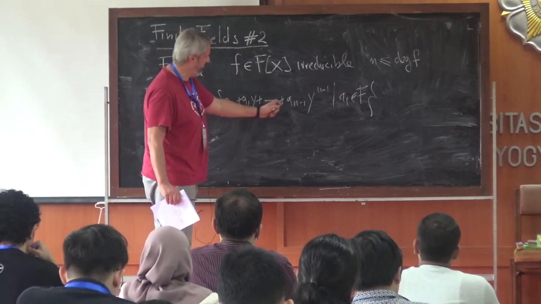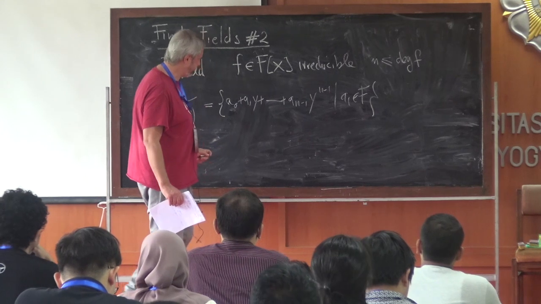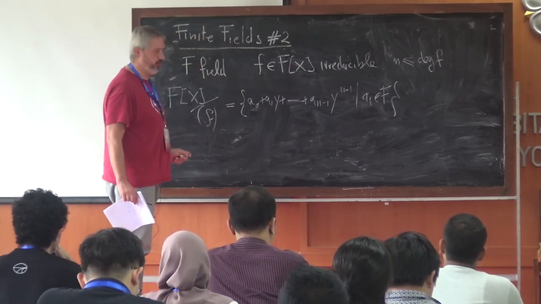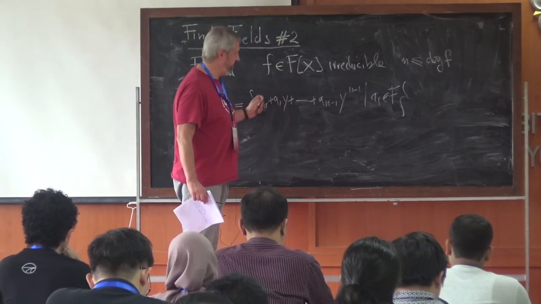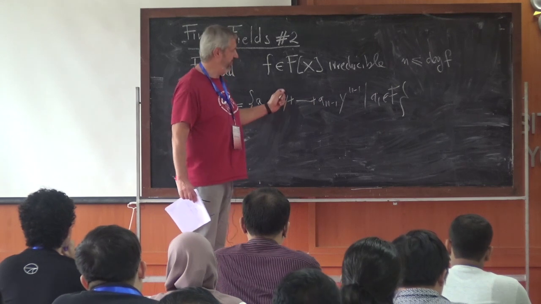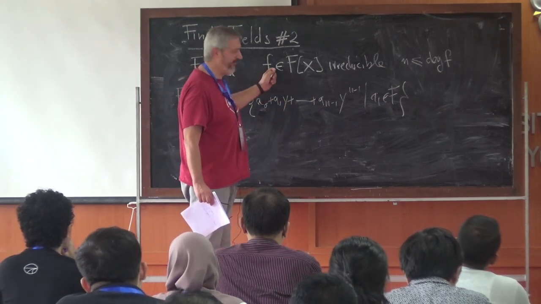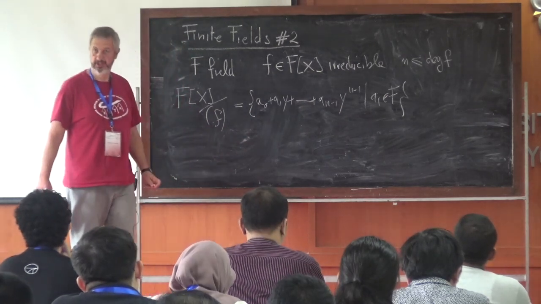So the sum of two polynomial expressions of this type is just done component-wise, and when you want to multiply two expressions of this type, you do the product of the polynomials, then you do the division by f, and you take the remainder, which will have the correct degree. Okay?